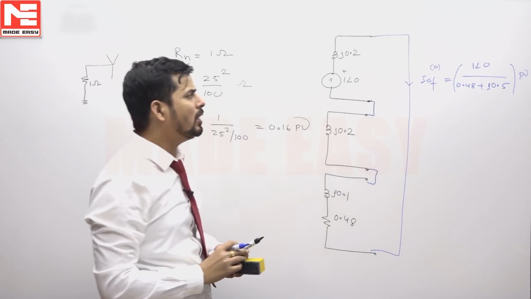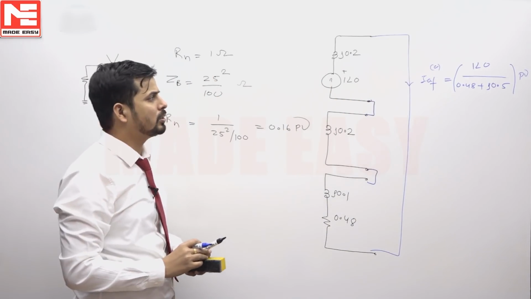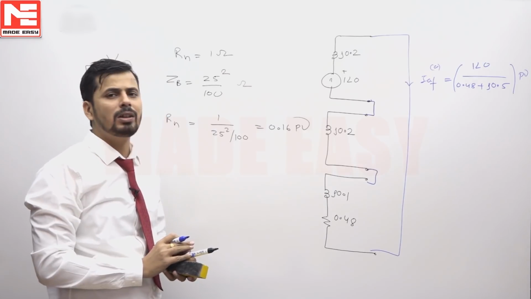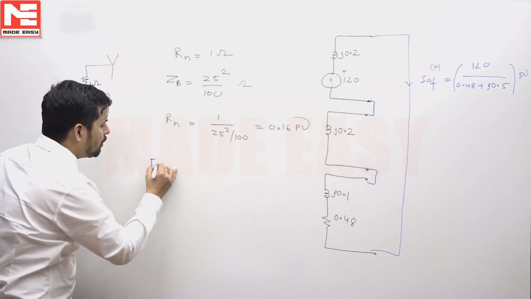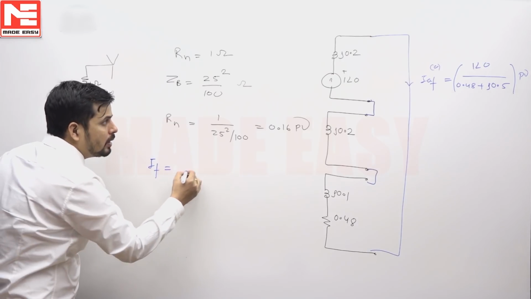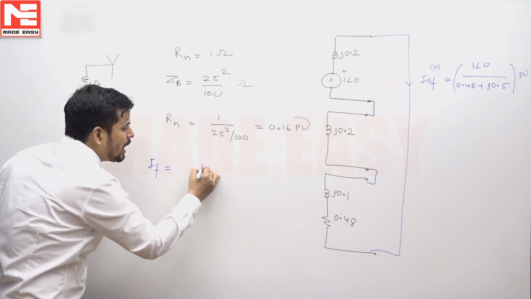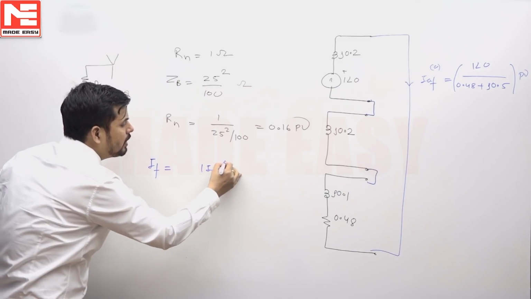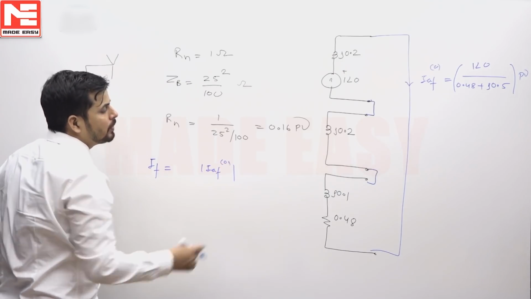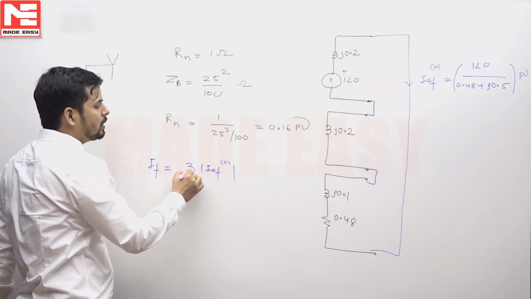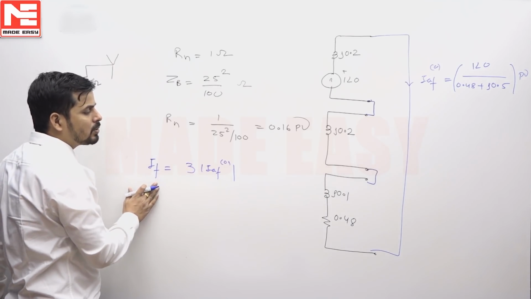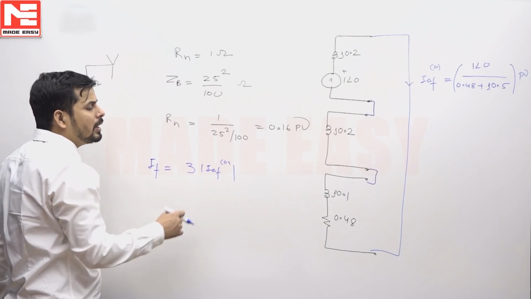To find the line to ground fault current at the terminal of generator, we will simply take the magnitude of this IAF0 and multiply it by 3 to find the actual fault current value. This will again be in per unit.